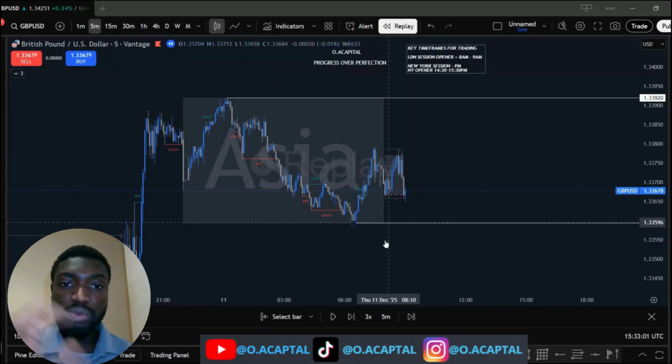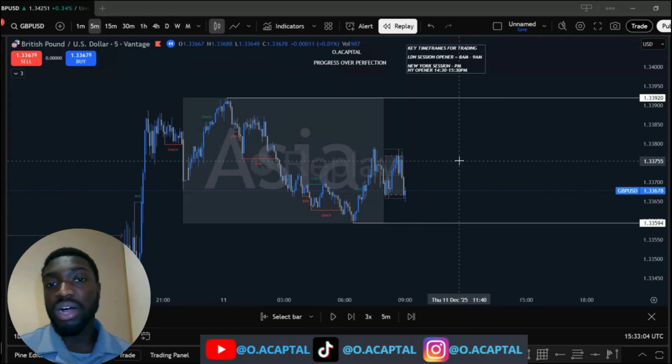Before we go into this, fundamental-wise, we know that the Federal Reserve in the United States decided to cut its interest rate another 25 basis points yesterday, on the 10th of December. So when interest rates are lowered, what happens to USD pairs? USD strength weakens, whereas the GBP, the Euro, the NZD, the Australian dollar, all these major pairs would strengthen.